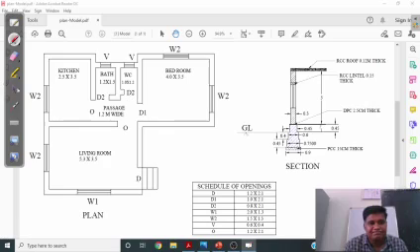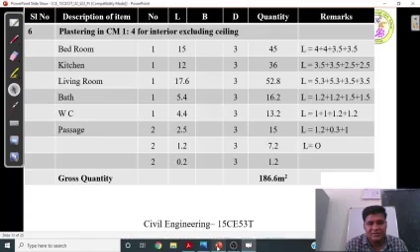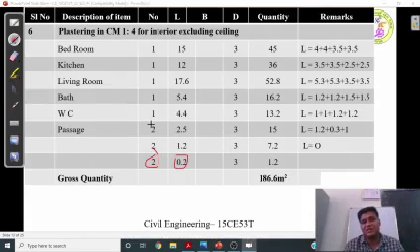Here in the PPT, this is 2 into 0.2, and the depth is 0.3. 2 into 2.5 into 3 will give me 15 square meters as the quantity for the passage. 2 into 1.2 into 3 is equal to 7.2 square meters. 2 into 0.2 into 3 is for the passage.